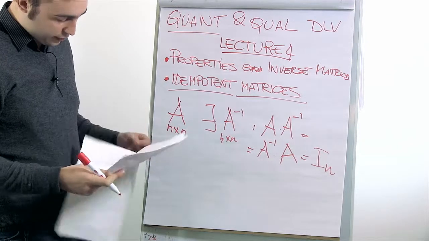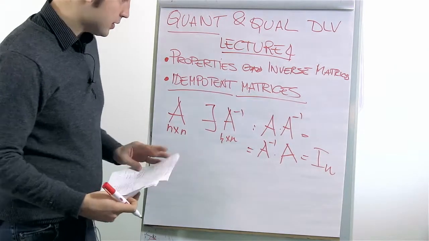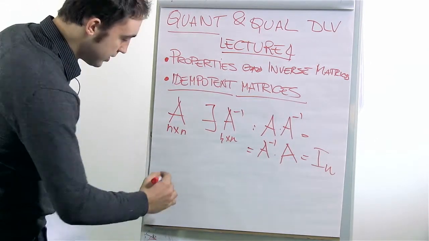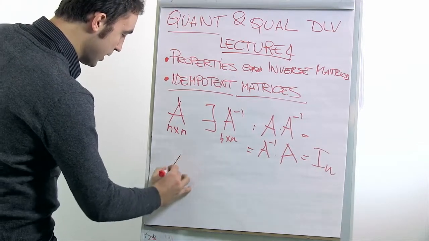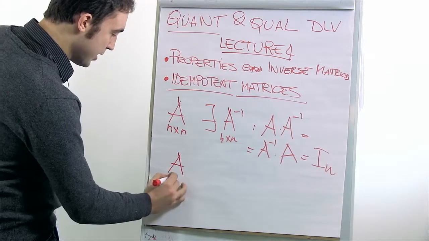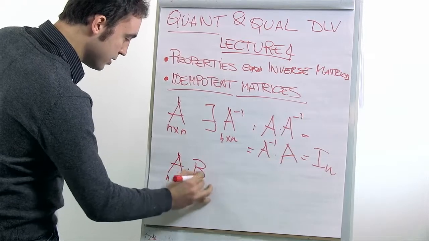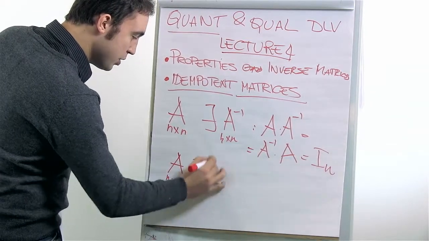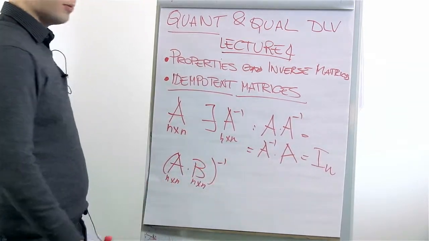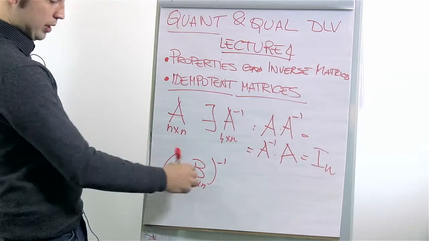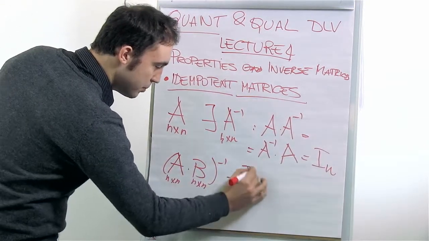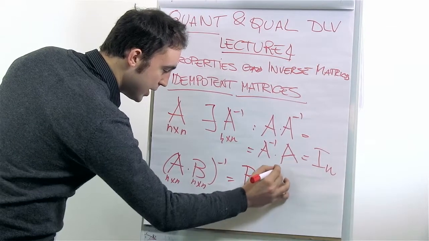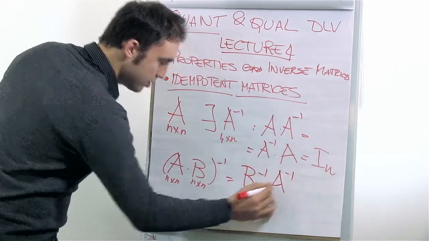Another important fact about inverse matrices is that if we have, for example, A that is m by n, and we multiply by B that is m by n, and we want to take the inverse of this product, then this is equal to B inverse multiplied by A inverse.